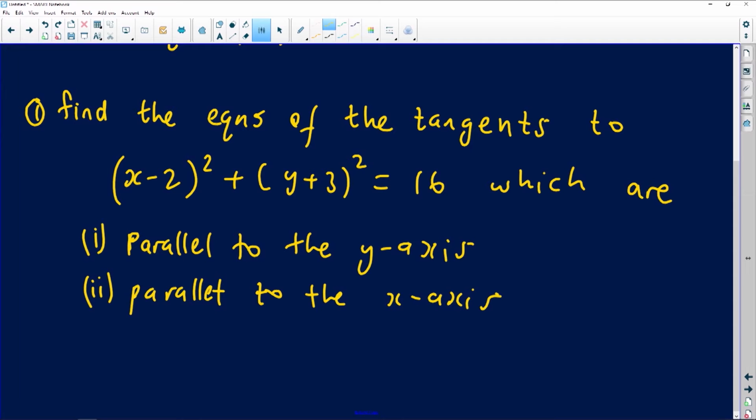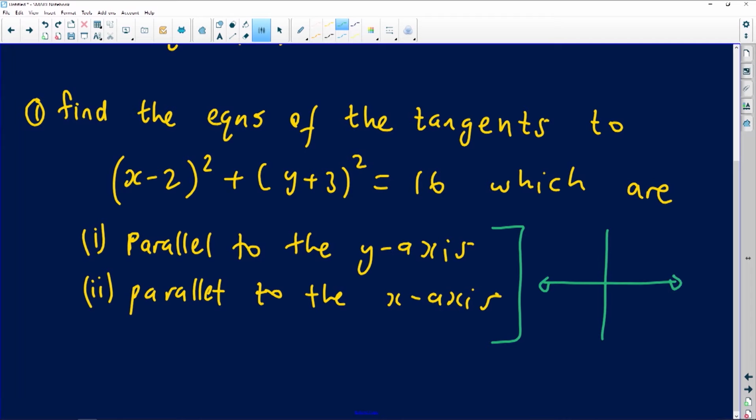Now, let's start first of all and analyze the meaning of parallel to the y-axis and parallel to the x-axis. I think you guys know the Cartesian plane. Let's think about a Cartesian plane. It looks something like that.